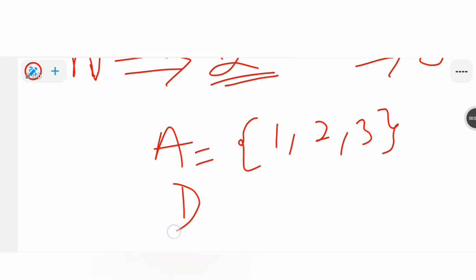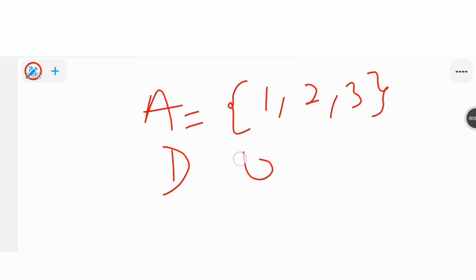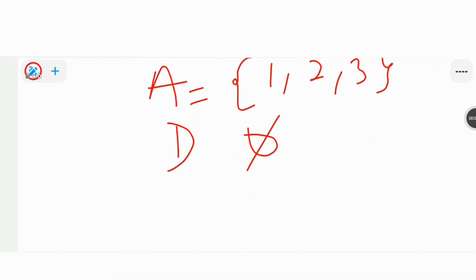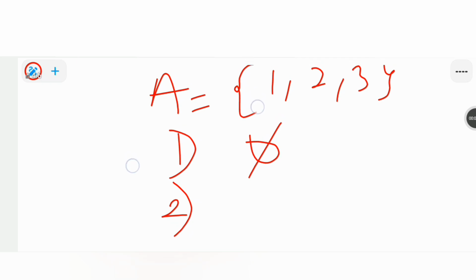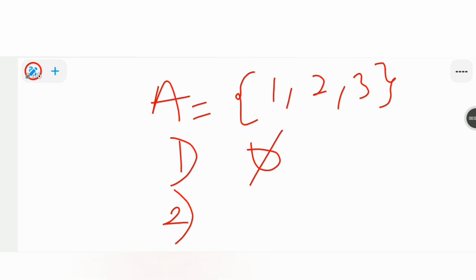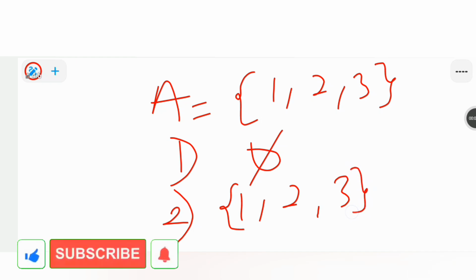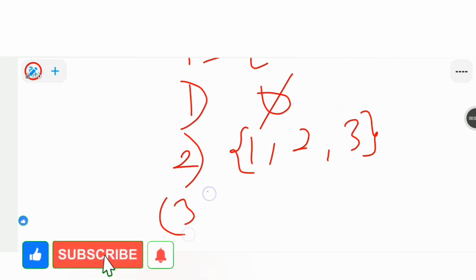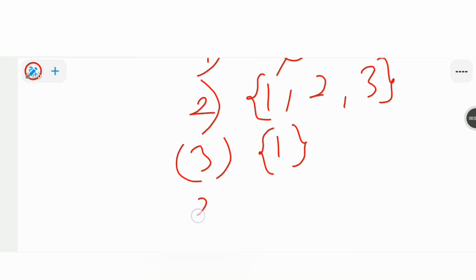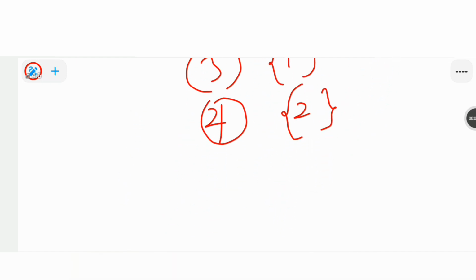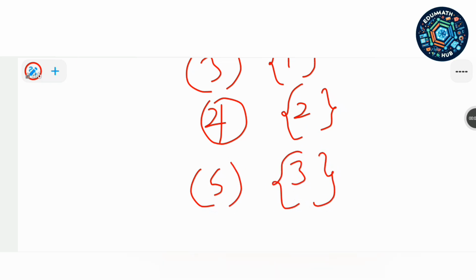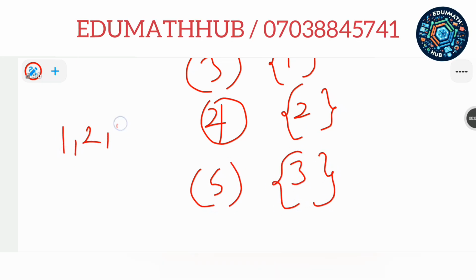So the first subset, first of all write the empty set. For the second one, write the whole set, that is 1, 2, 3. For the third one, you pick the set 1. This is 4. You pick 2. 5. You pick 3. You know you have 1, 2, 3 in the set.